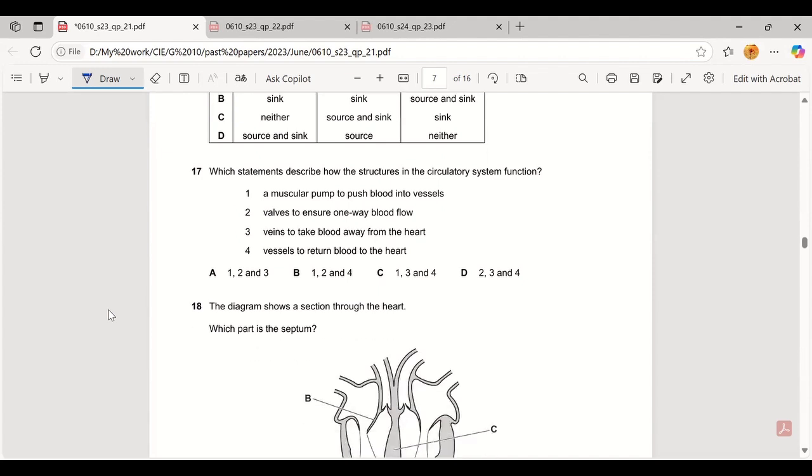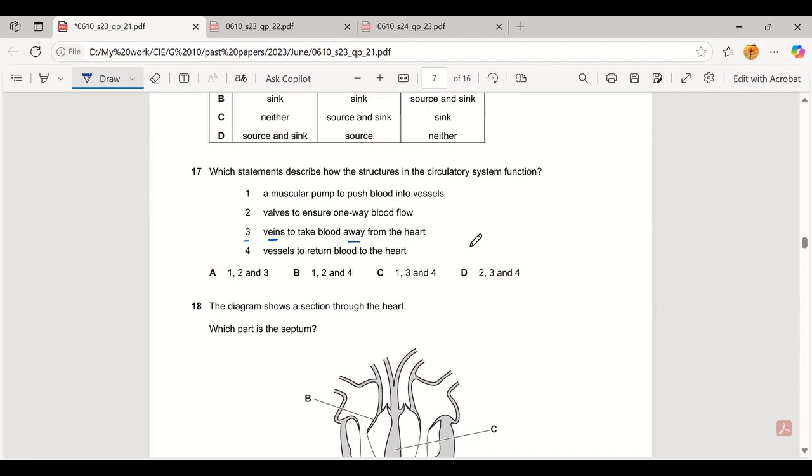Which statements describe how the structures in the circulatory system function? Maram. Okay, so one is correct and two is also correct. So the answer could be A or B. Doctor, is it B? But what does it say here in number 3, veins to take the blood away from the heart?